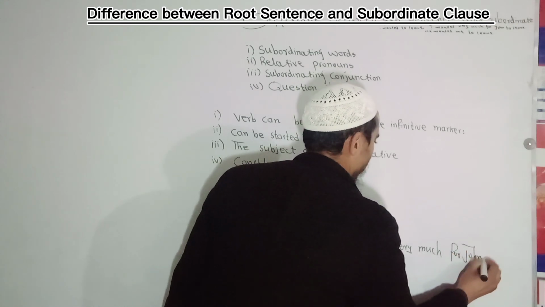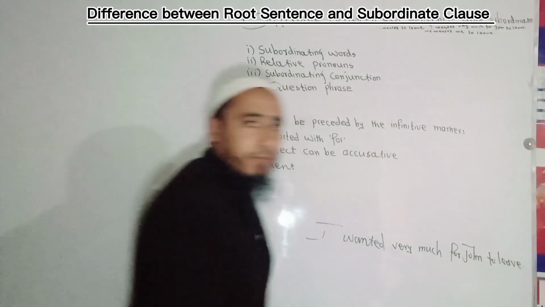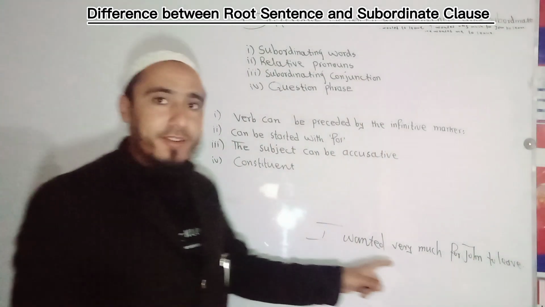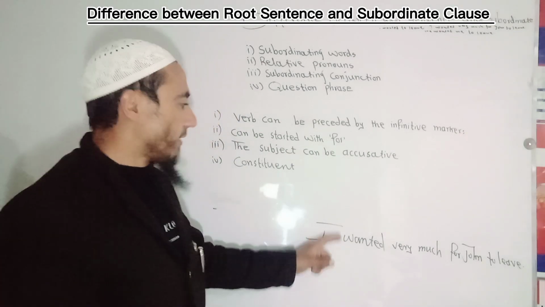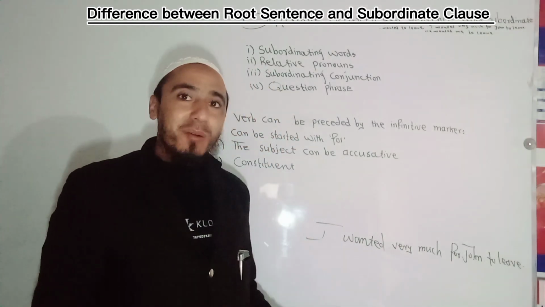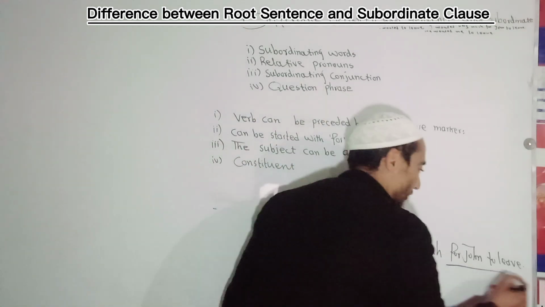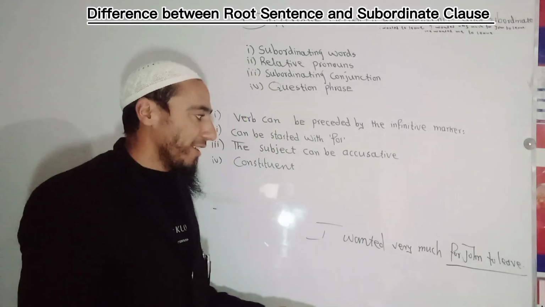Now, listeners and audience, in this sentence, I wanted very much for John to live, what is the subordinate clause here? Here we have the subordinate clause "for John to live." How is it a subordinate clause?